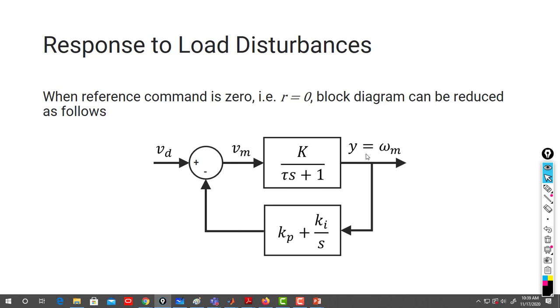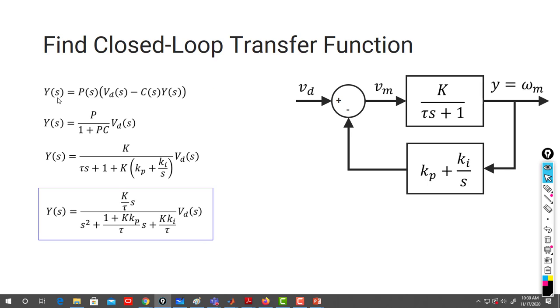So if that's my system, I can find y over vd or omega n over vd. Y, that's the system. Y, here is P. Okay, that's your plant P, and they call it P, and this is they call it C.